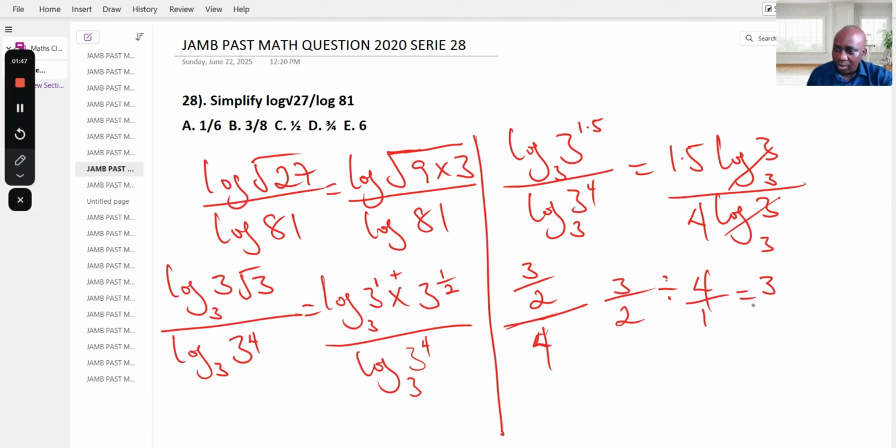Therefore, we have 3 over 2 multiplied by 1 over 4, isn't it? 3 times 1, 3. 2 times 4, 8. Therefore, our final answer will be 3 over 8. Do we have 3 over 8 there? Yes. Our option is B. Let's move to the next question.